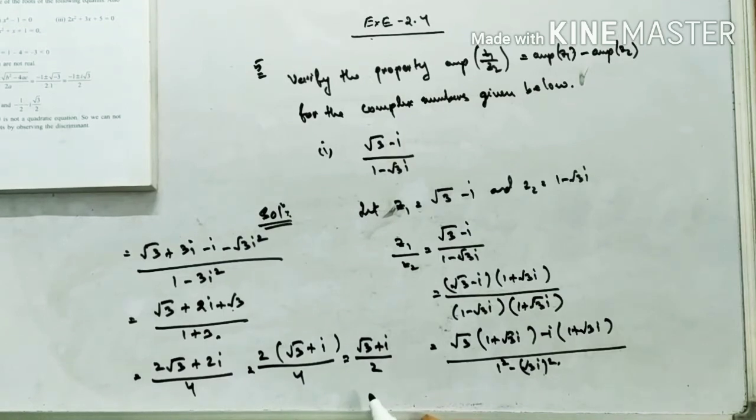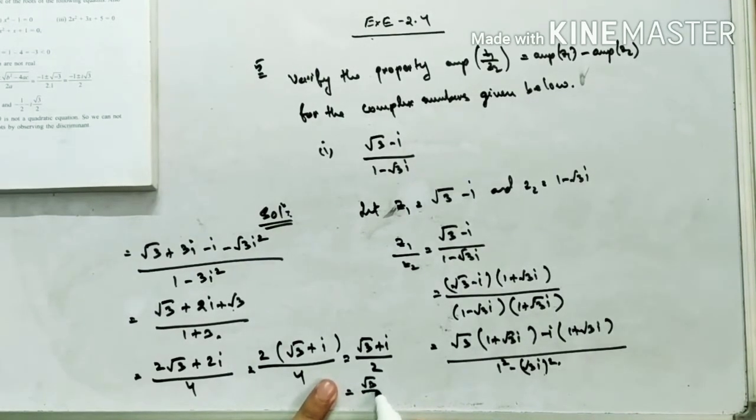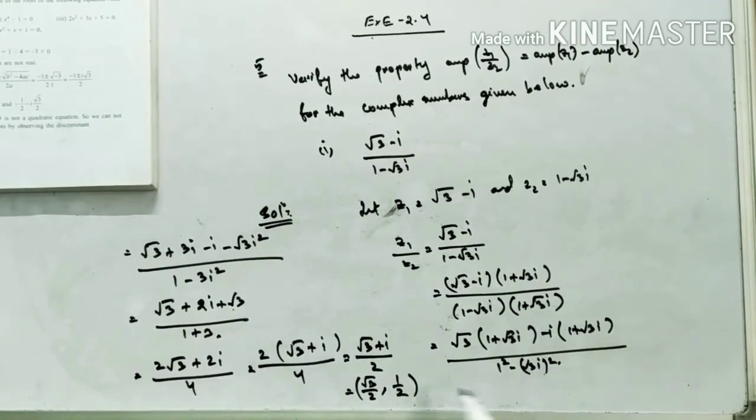Okay, so this one you can write as root 3 by 2 comma 1 by 2. Which lies in this point where it lies, x coordinate positive, y coordinate positive. This point lies in the first quadrant.